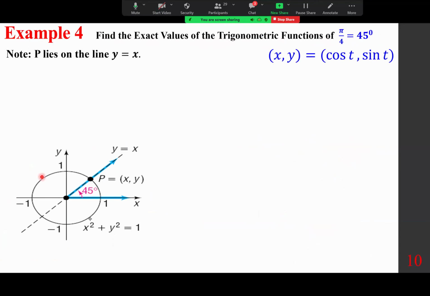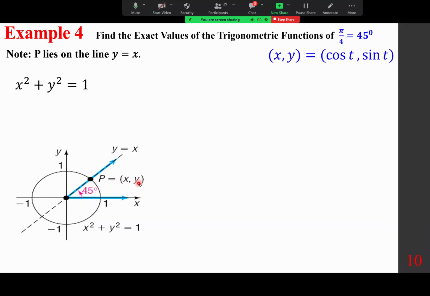As you can see, this is a unit circle, and 45 degrees and y equals x represent the same line, or in this case, the same ray. So if you're looking at this point, this is 45 degrees. This is on the line y equals x. Therefore, x and y have the same coordinates.